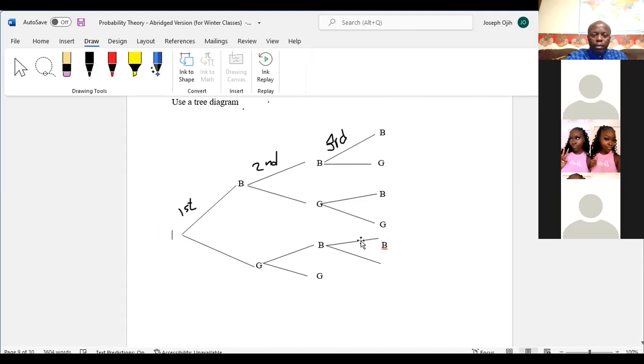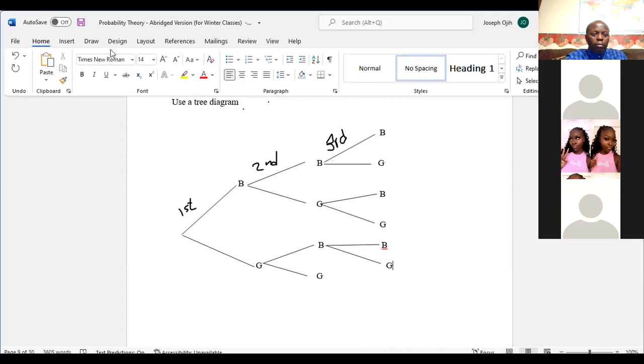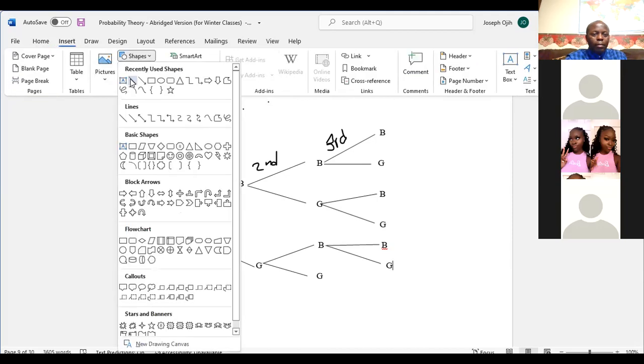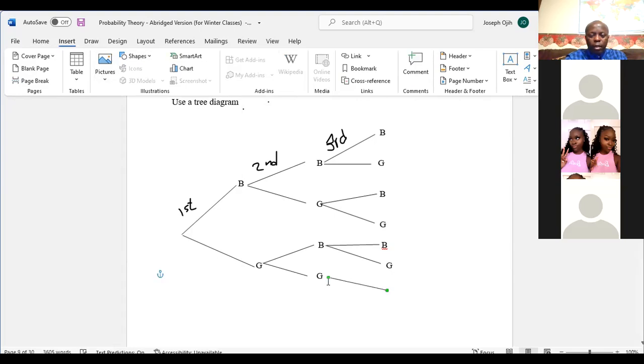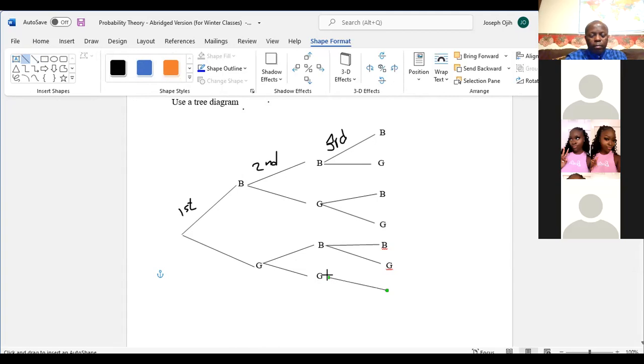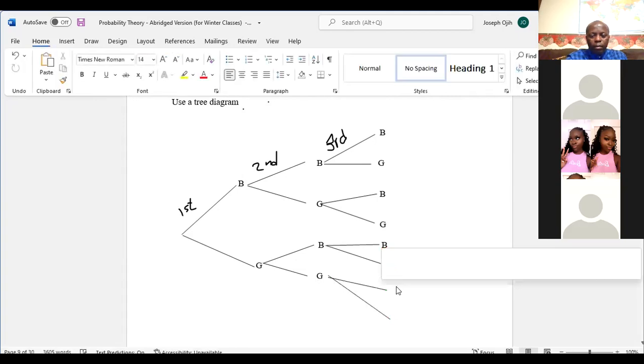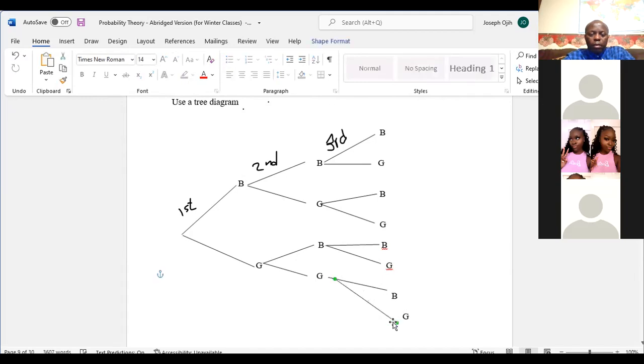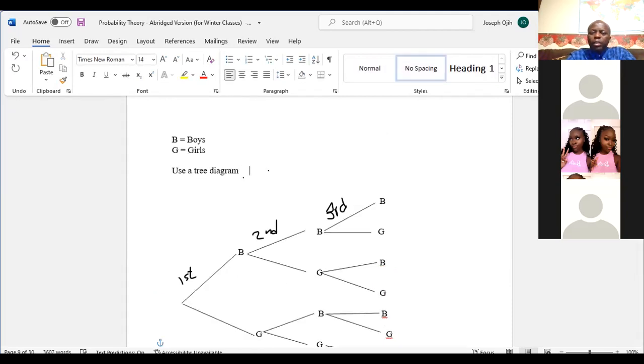Then for this last one, we have boy and girl. So our outcomes will now become, let's see, the possible outcomes.